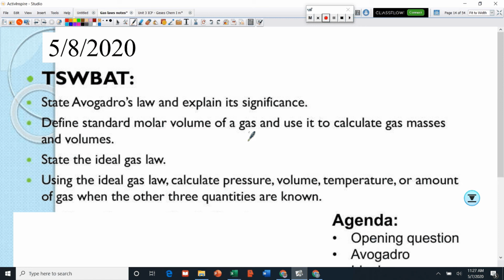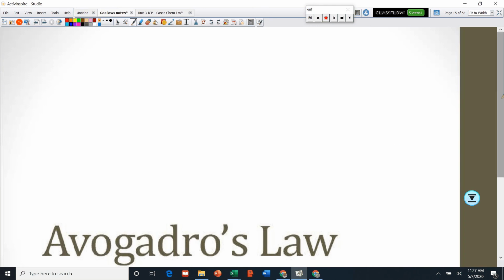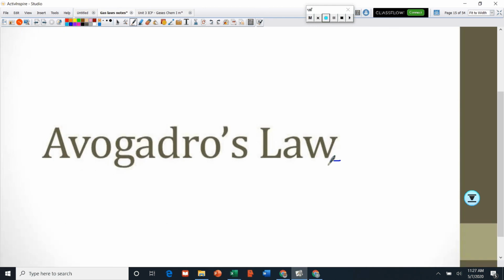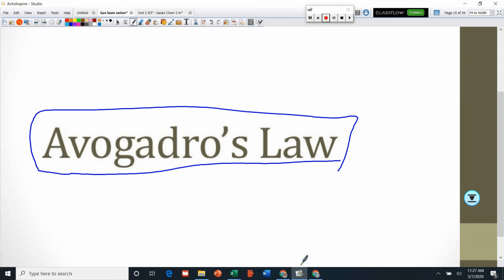All right, so let's get started and look at some of these things. The first law that we are going to talk about is Avogadro's law. Real quick, earlier in this class, earlier in the year, what is Avogadro known for? That's right.